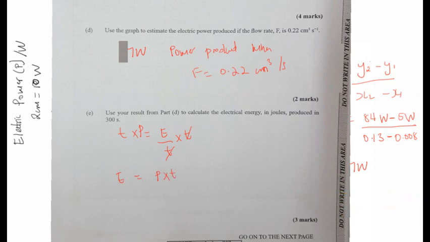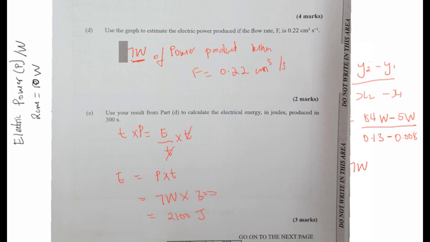Alright, so we know the power. This is the power, 7 watts, produced when the flow rate is that. So we can use our value for power here. We're going to write power is 7 watts multiplied by 300 seconds, and that is 2100 joules.